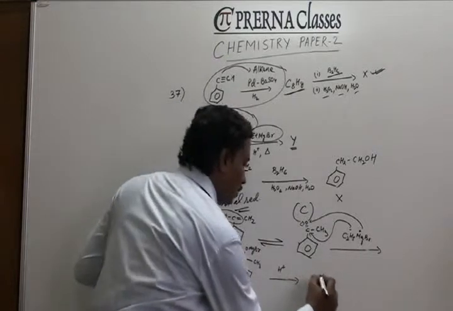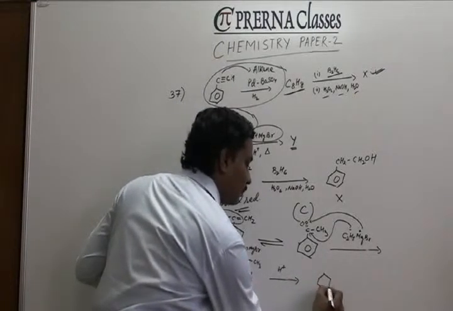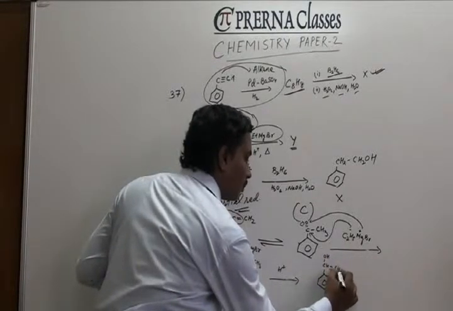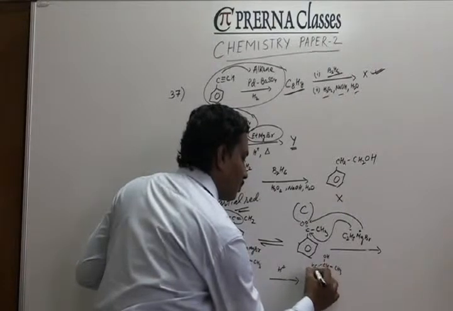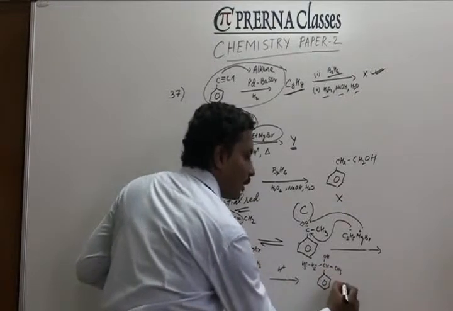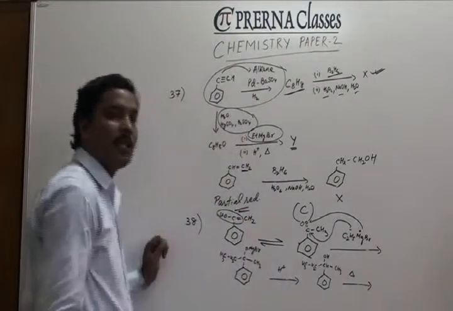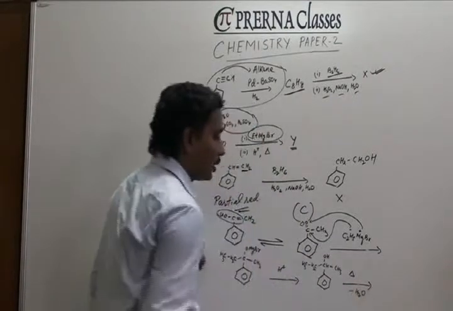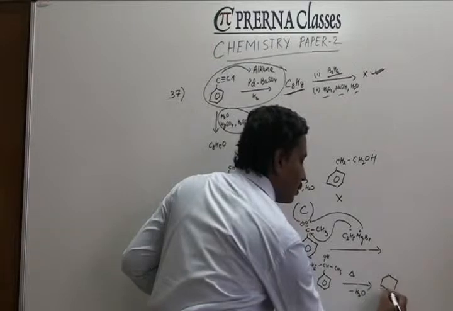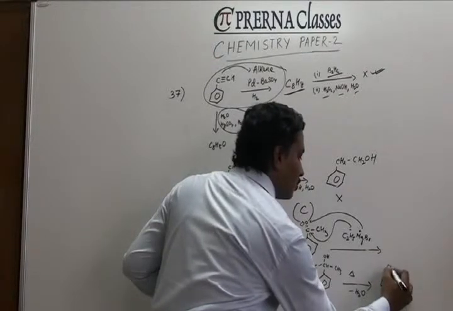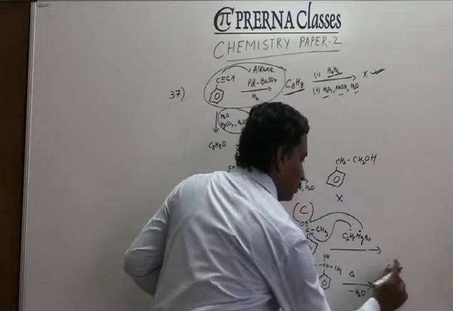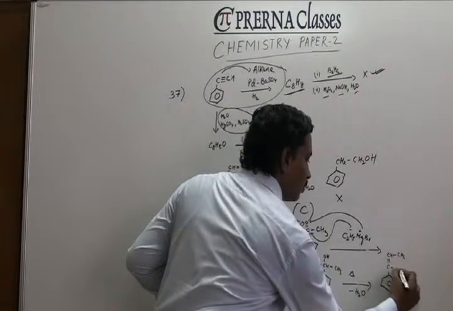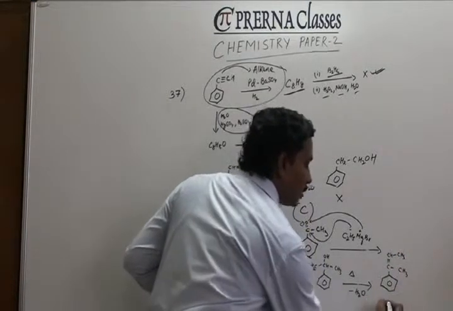It is converted into alcohol. Now it is heated. The more substituted alkene will form, that means elimination of water takes place, and the product is this. So the answer is option B.